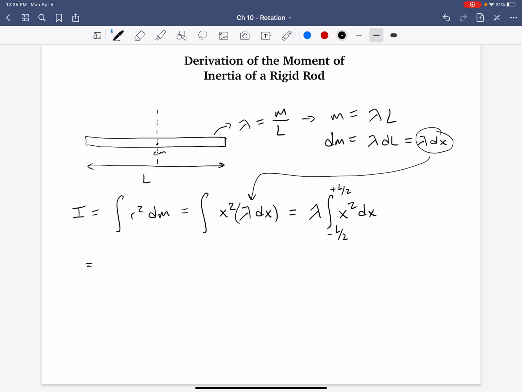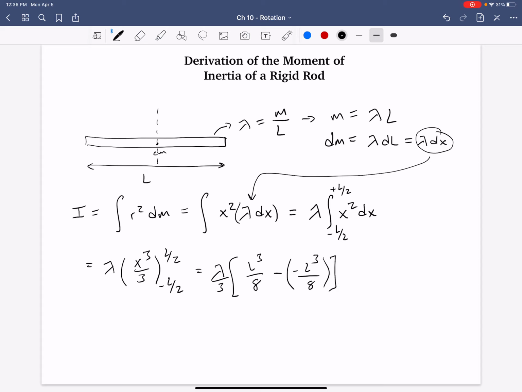Okay, and so what we have now is a lambda out front, and we have x cubed over 3 as the integral, right? Evaluated from negative to positive L over 2. So let's plug in our limits now and see what that is. I'll pull the 3 out as well. So we have L cubed over 8, that's 2 cubed, minus a negative L cubed, and we have 2 cubed, that's also 8.